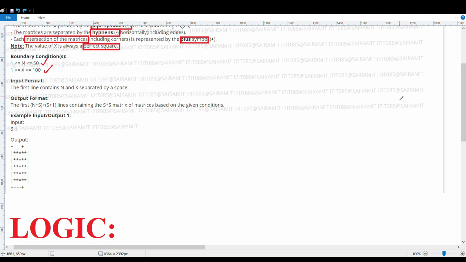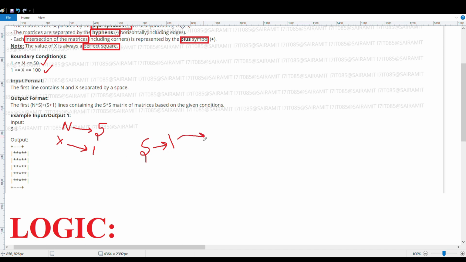Moving ahead with the first example, the value of n is 5 and the value of x is 1. Now what will be the value of s? Root of 1, right? So s is also equal to 1.